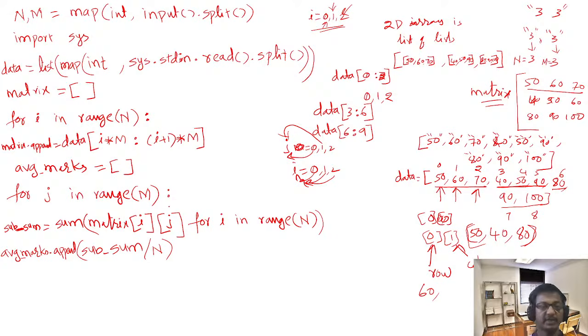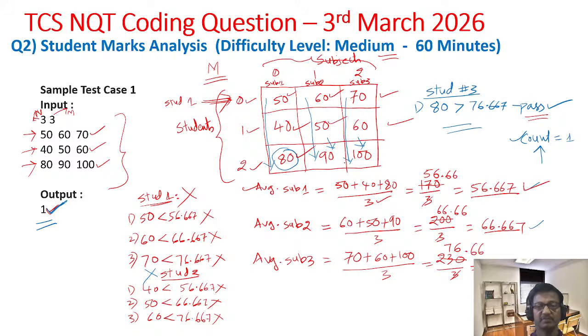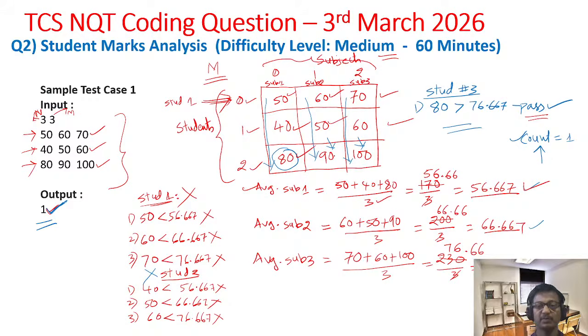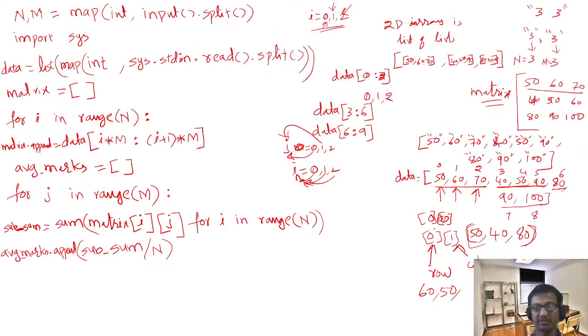Then i value becomes 1. Matrix of 1 1 means this 50 you will get here. Then i value increments to 2, then matrix of 2 1 means 90. Now you get all the 3 marks, then pass it to sum.